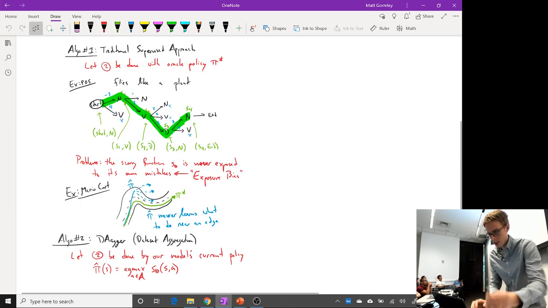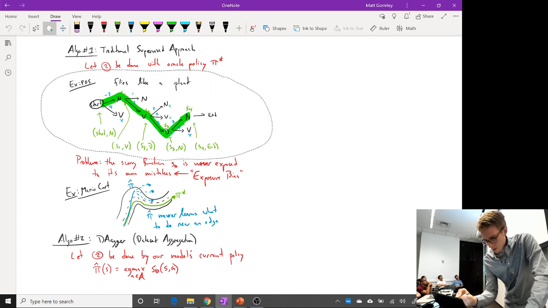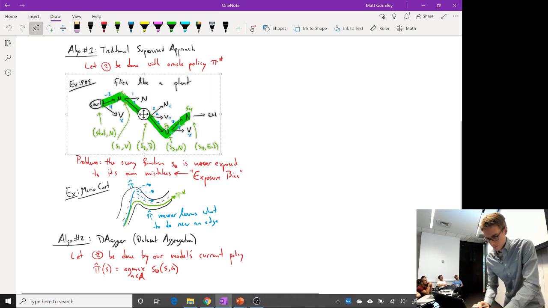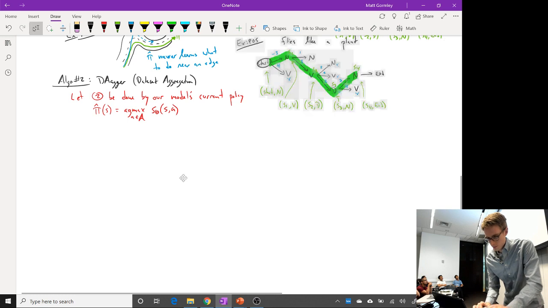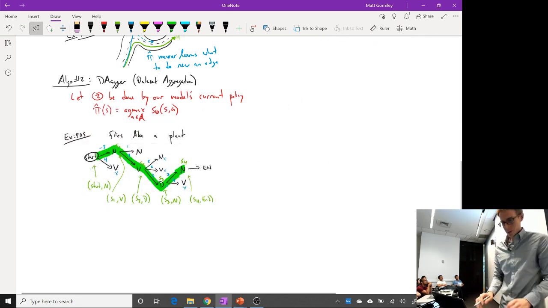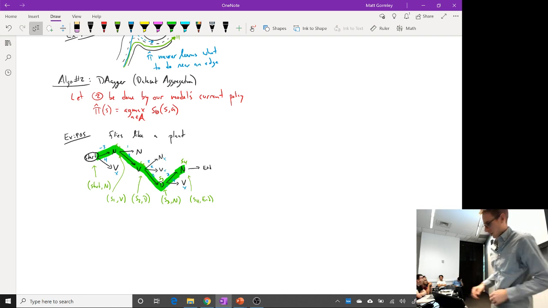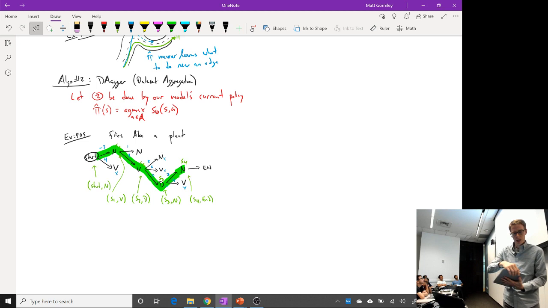So namely, if we take this guy, now what we want to do is just update this picture with how it would actually behave if we were instead using our model's policy.